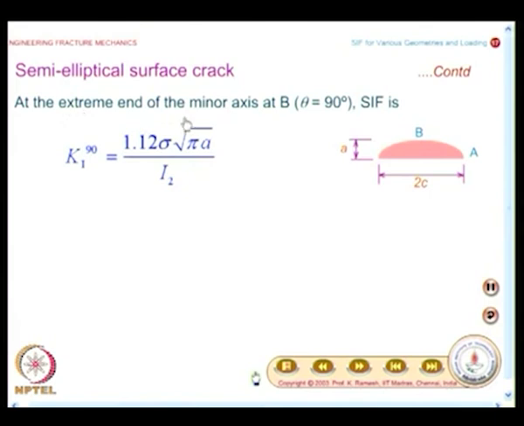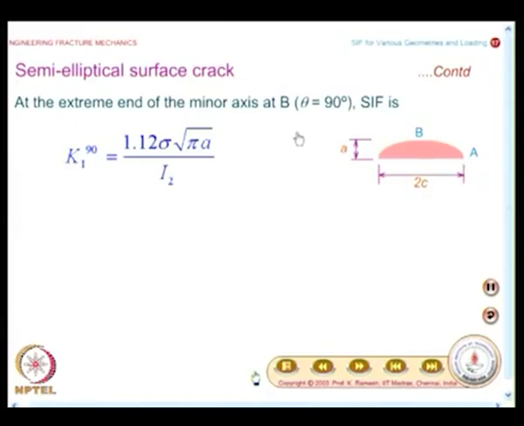At the extreme end of the minor axis, that is theta equal to 90 degrees, the stress intensity factor is given as K1 at 90, which is equal to 1.12 sigma root pi a divided by I2, and this happens to be the maximum value of stress intensity factor on the crack front.